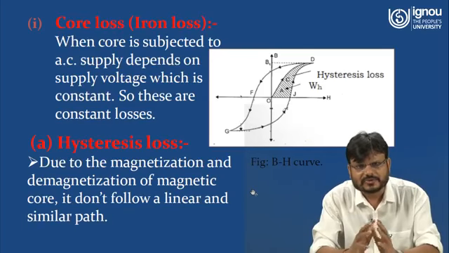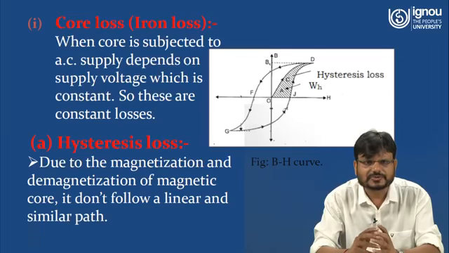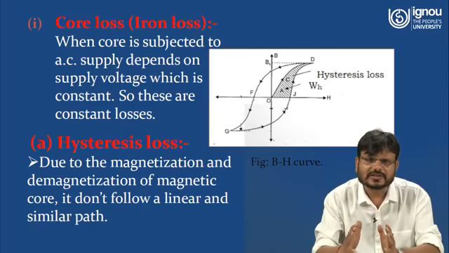Now we are going to discuss in detail the core losses or iron losses. When the core is subjected to an alternating supply which is at constant voltage, these losses are constant losses. Why are they called constant losses? Because these losses don't change with the load current.